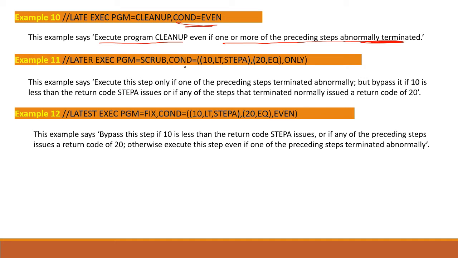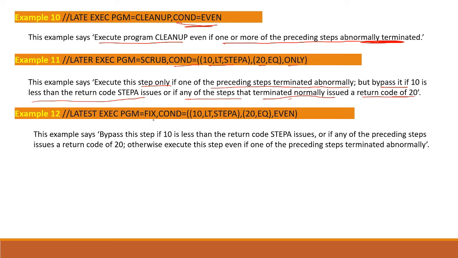And we have one COND, there are many conditions. 10 less than step A, 20 equal to the return code of the previous step, and then only execute this step only if one of the preceding steps terminated abnormally, but bypass it if 10 is less than the return code which step A issued, or if any of the previous steps that terminated normally issued a return code of 20.